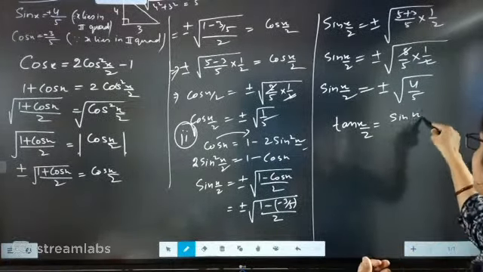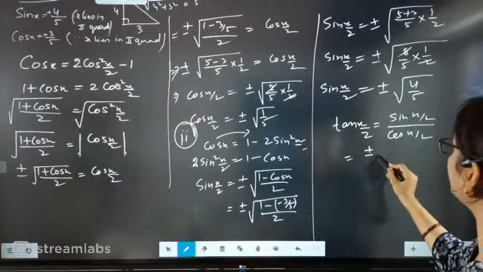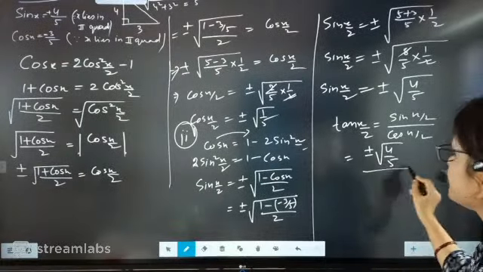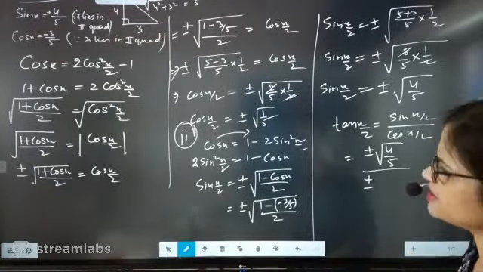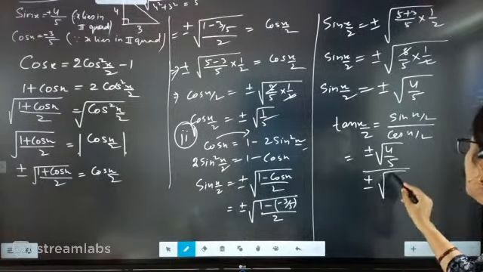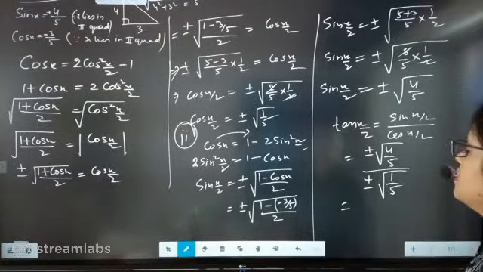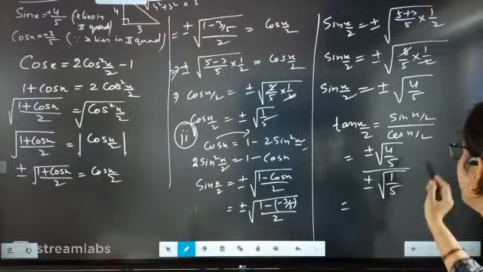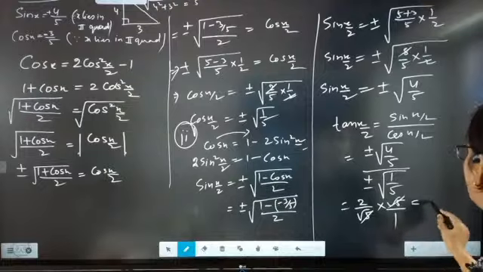Afterwards I will decide. Sin x by 2, here it is coming root under 4 by 5. This one is plus minus root under 1 by 5. Plus minus going. 2 by root 5 into root 5 by 1. 2 is coming.